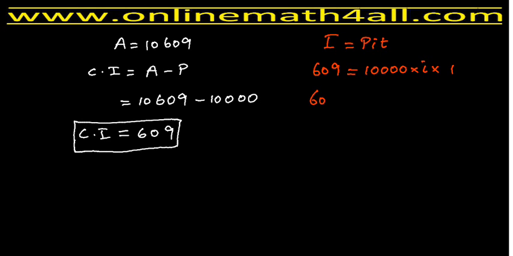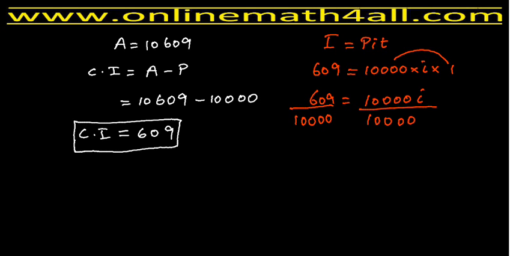So 609 is equal to 10,000 times 1, which will be the same, 10,000 times R. Now I would like to have the value of R, so I am going to divide by 10,000 on both sides. When I divide by 10,000 on both sides, the 10,000 will get cancelled. When we divide 609 by 10,000, the answer will be 0.0609 is equal to R.